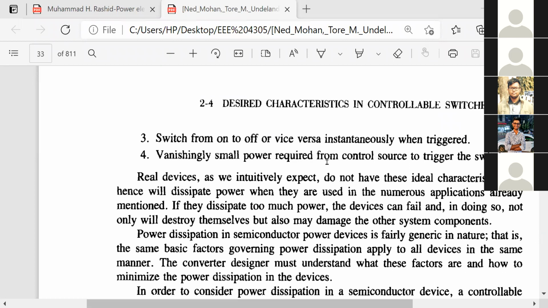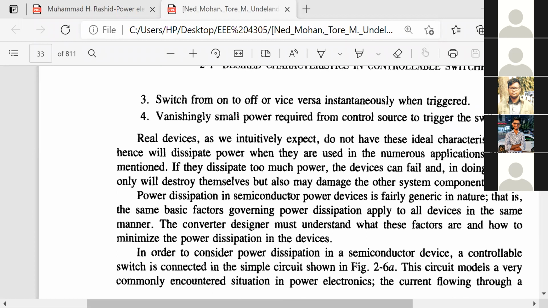Vanishingly small power should be required from the control source to trigger the switch. So if you want to get the gate signal in your thyristor, it should not take large power. If you waste a large power to generate this control signal, that will be a real loss. So this control signal should not take much power.